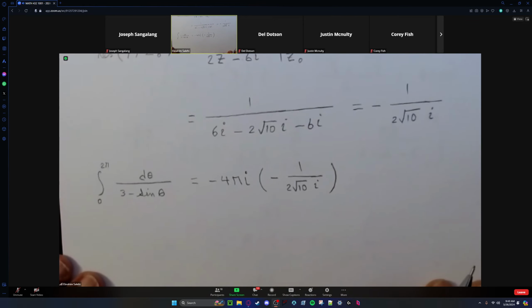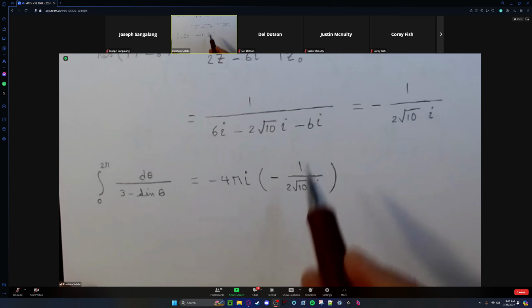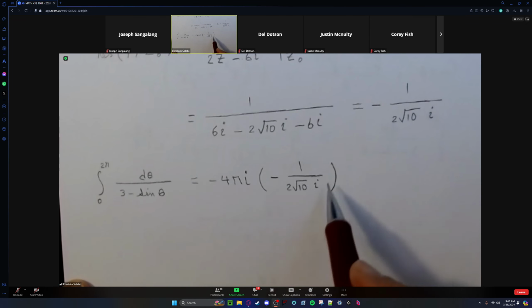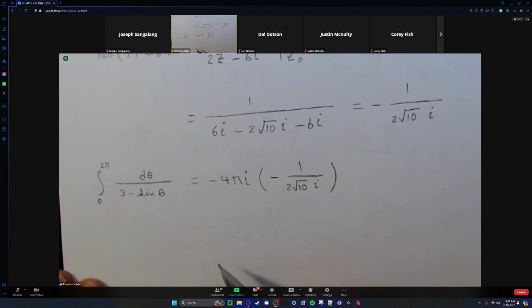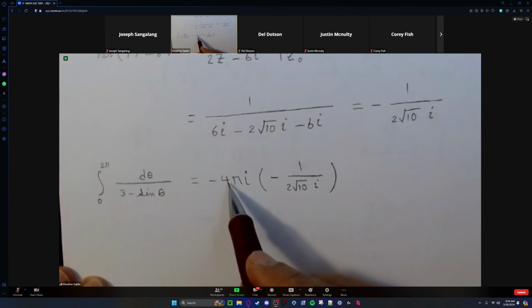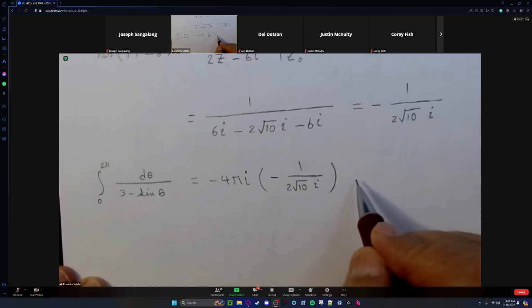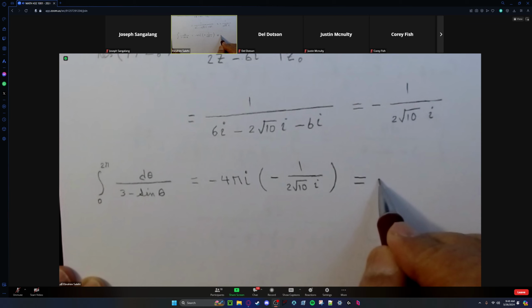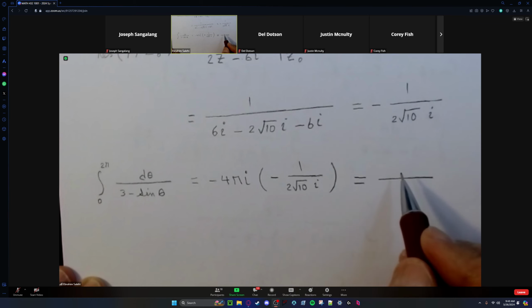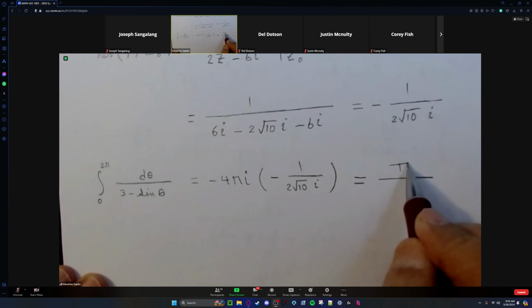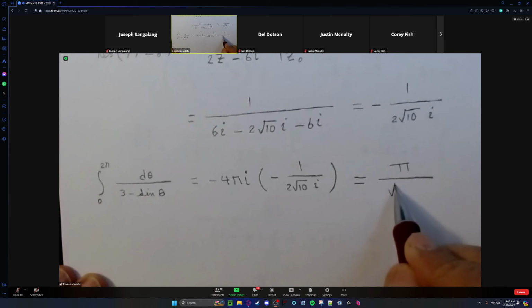So negative, positive, the i cancels. So it will be 4 pi. One of the 2's cancels as well. So it will be pi over the square root of 10.